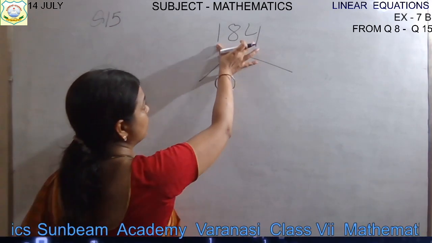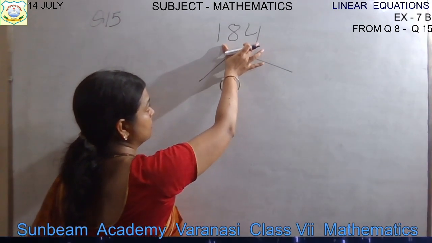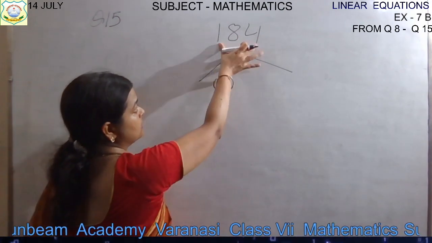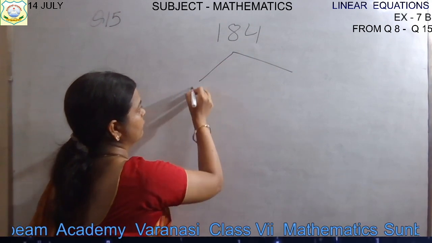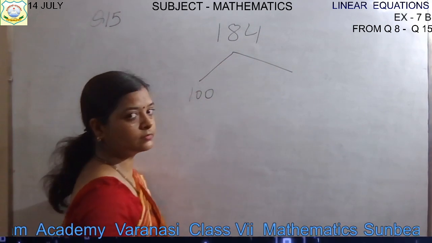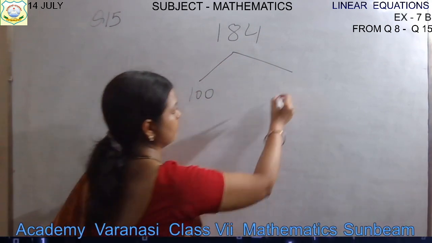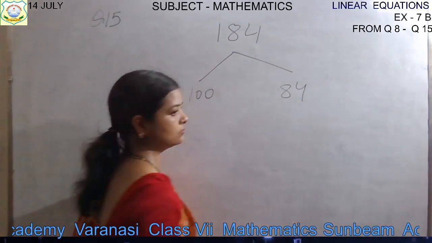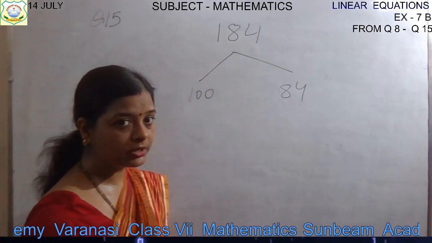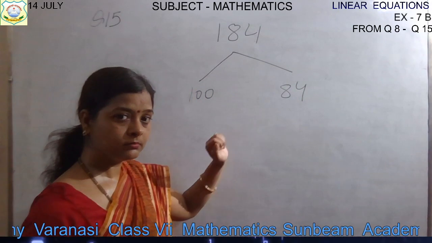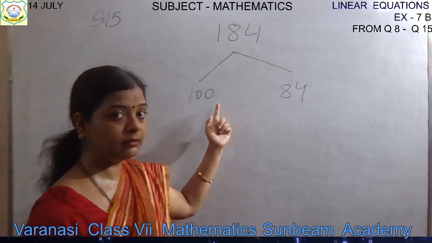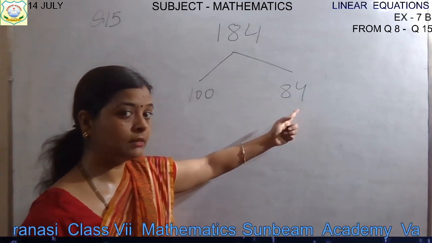So let's take out one number from it. Take out the first number from this. If you take 100, for example, then what will be left? 84. But children, you don't know the numbers. Right now I have said that maybe one number is 100, then the other number is 84.